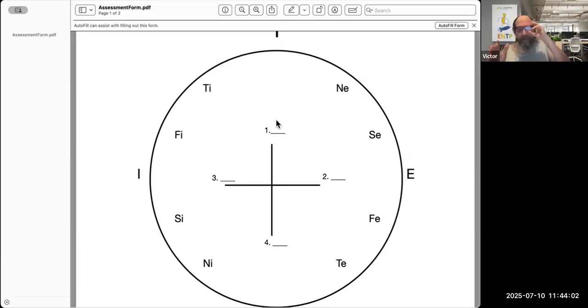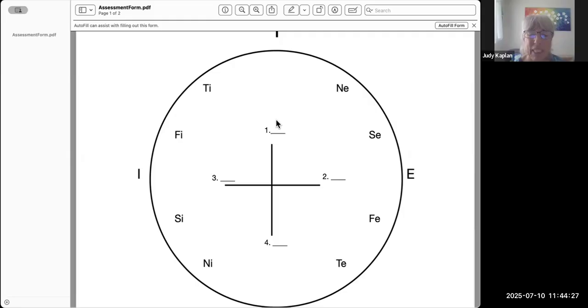Now, let me ask you guys, is the Jung Types framework an assessment? I know I call this an assessment, but is it an assessment? Well, yes, isn't it all an assessment?